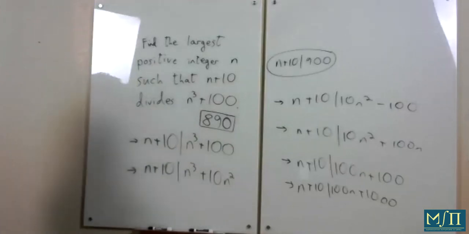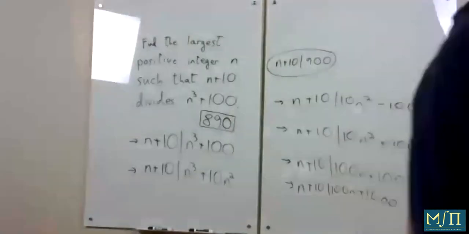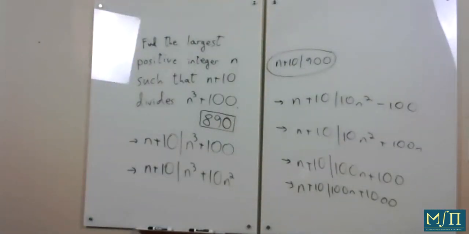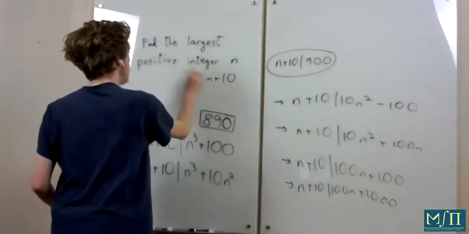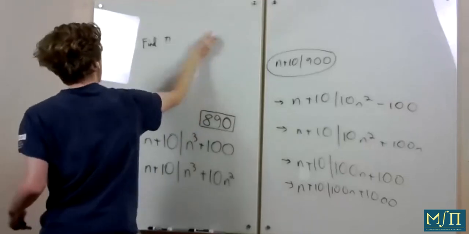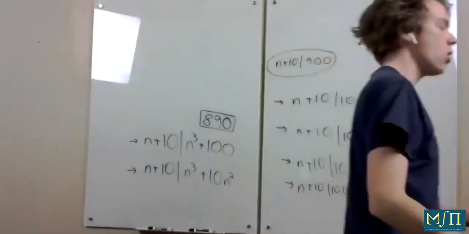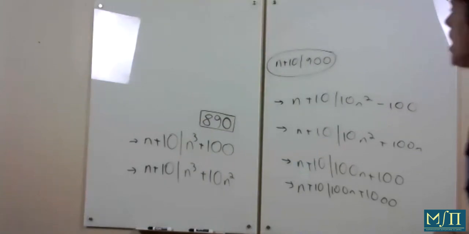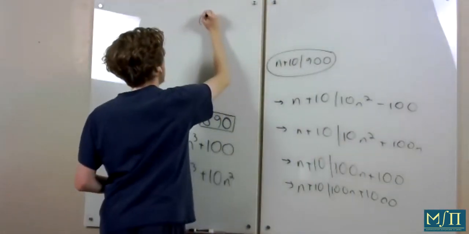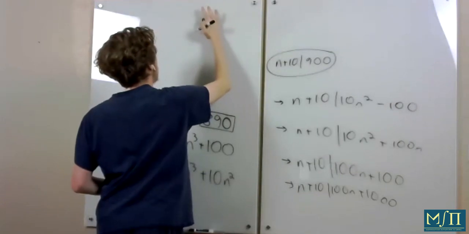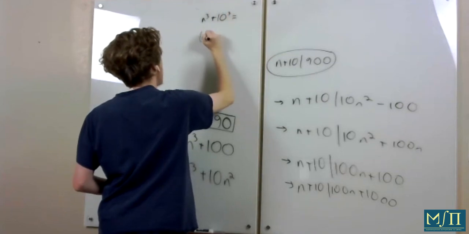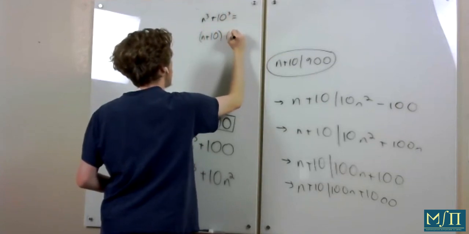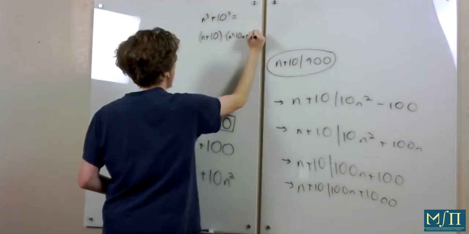And then there's an alternate way of doing this problem. Instead of doing this one step at a time, we can get rid of the n cubed all at once. If you know the factorization of a sum of cubes, then you'll know that n cubed plus 10 cubed will be n plus 10 times n squared minus 10n plus 10 squared.